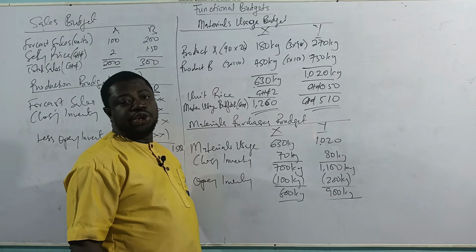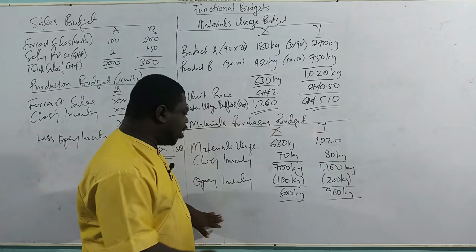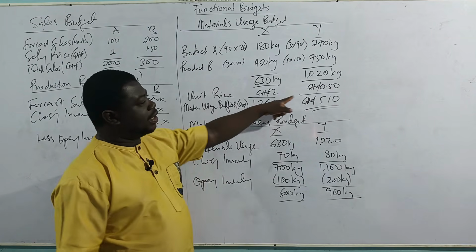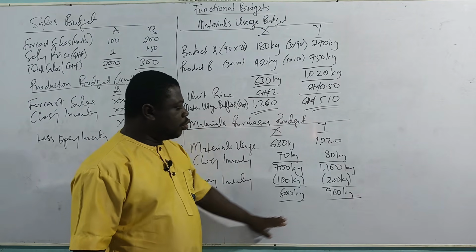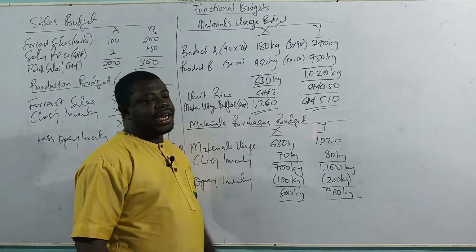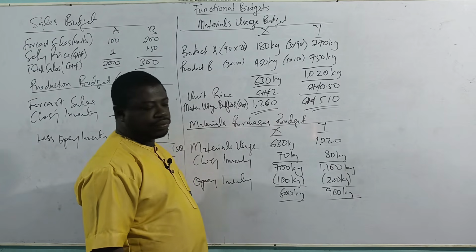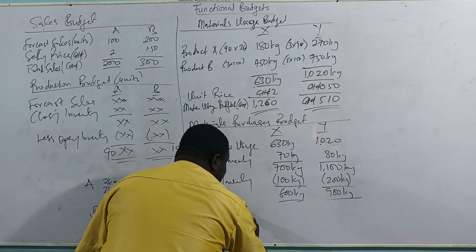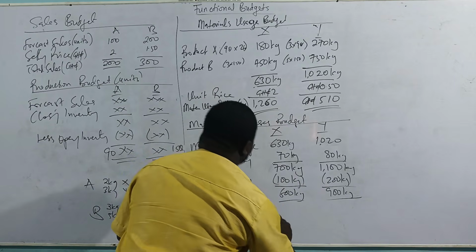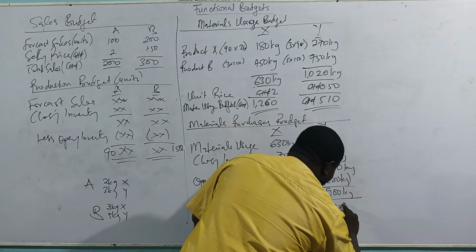But this is also in units. If you want the materials purchases budget in value, you are going to multiply by the same unit price that we used here, the 2 and 0.5 for the materials. So we multiply by the unit price, and that gives us the materials purchases budget in value. The unit price for material X is 2 cedis, and the unit price for Y is 0.5.